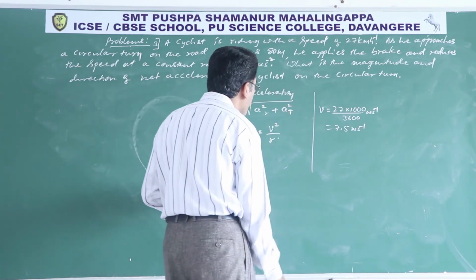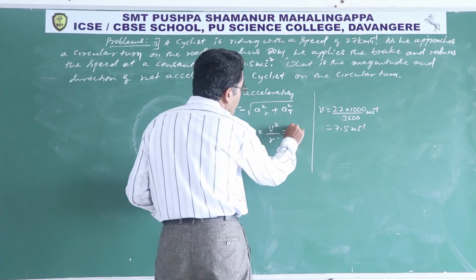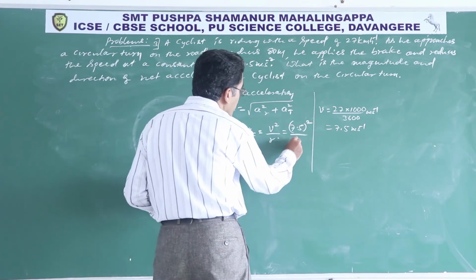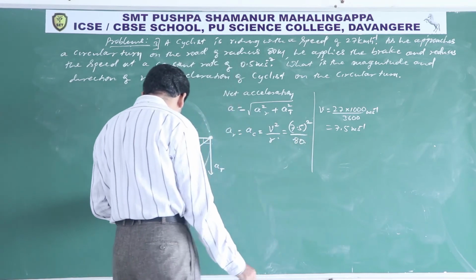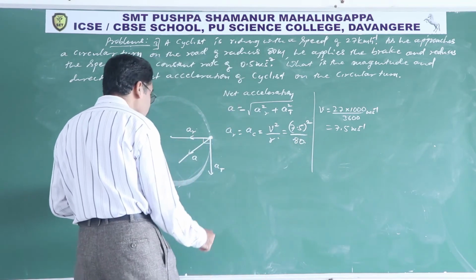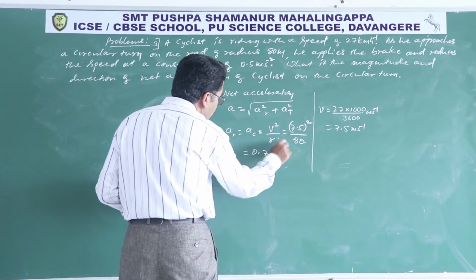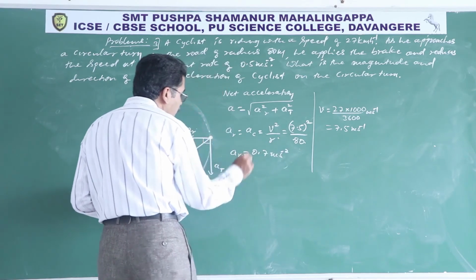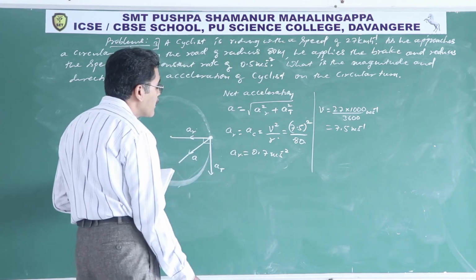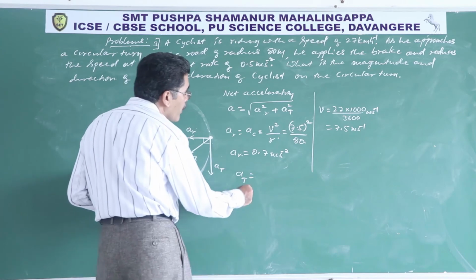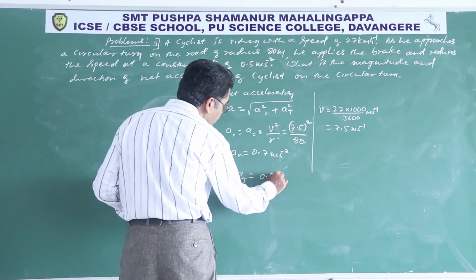Therefore 7.5 whole square, and the radius is 80 meter, divided by 80. When you simplify this, you are going to get 0.7 meter per second square. This is the radial acceleration, and A_T, the tangential acceleration, is given as 0.5 meter per second square.